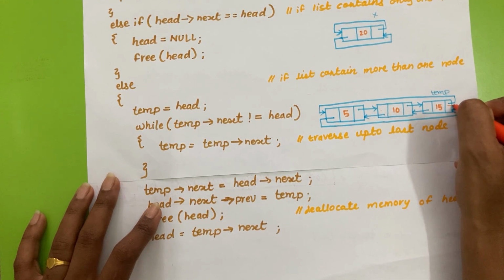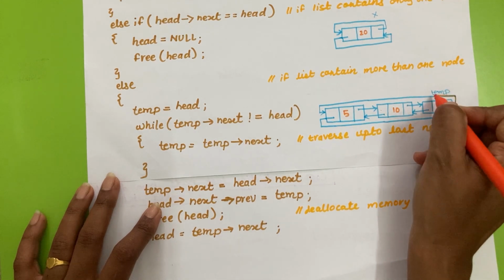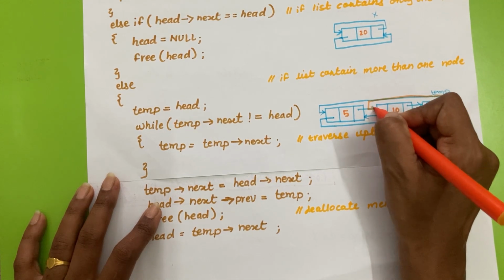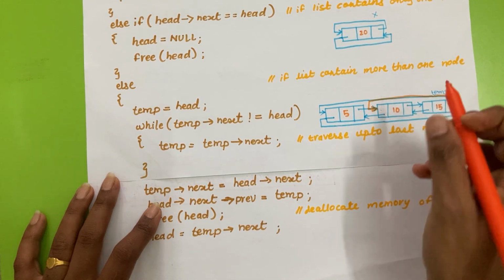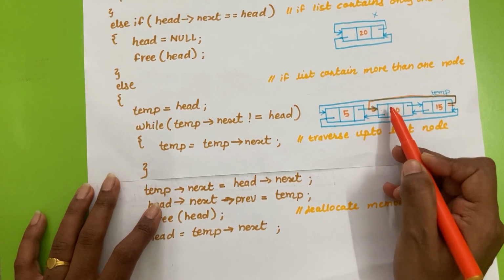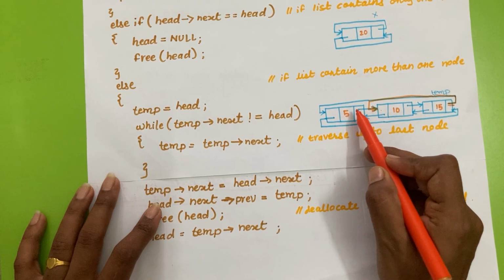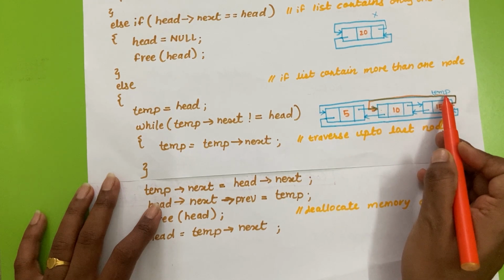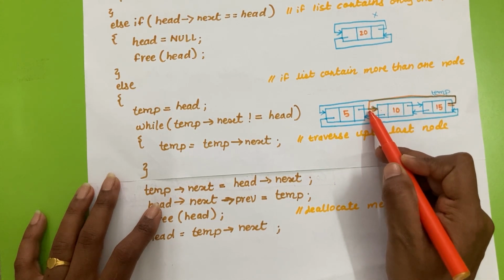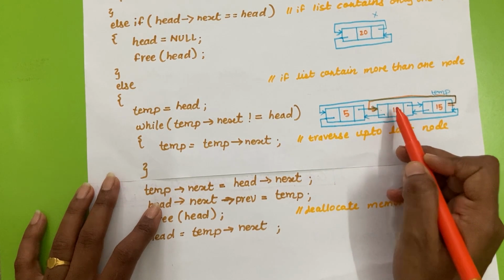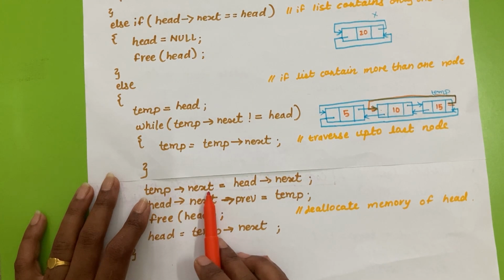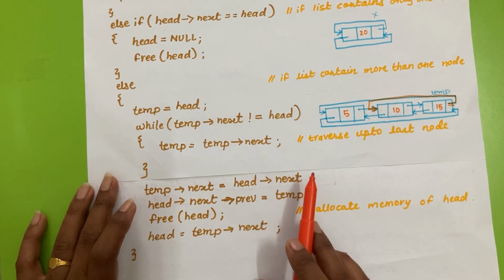Its next will point to head's next node, because the address of this node is stored in the head's next field. That's why temp next will get assigned with head next. So the first statement is temp next is equal to head next.